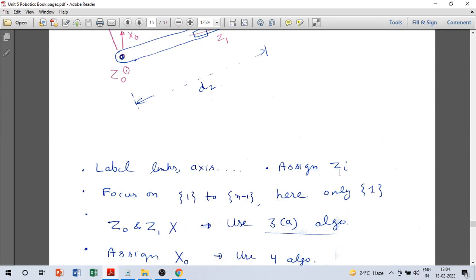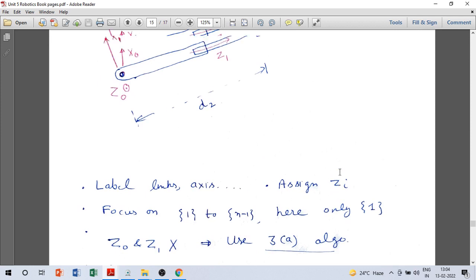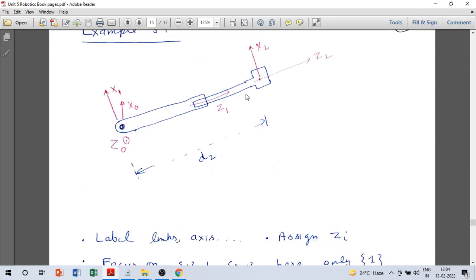We assign Zi through those axes. You can see that on this diagram it has been done. This is the first axis, this is Z0. It comes out of the paper, so I have drawn it as a circle with a dot. That means just like if you have an arrow coming towards you, you are going to see a point. So the Z0 axis, the joint axis through this joint, comes towards us.